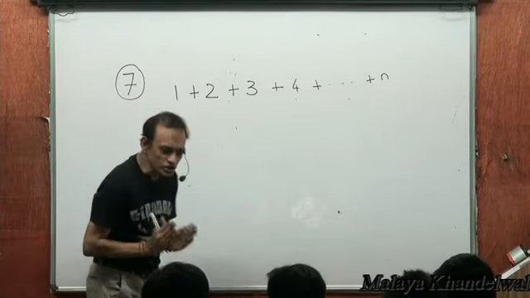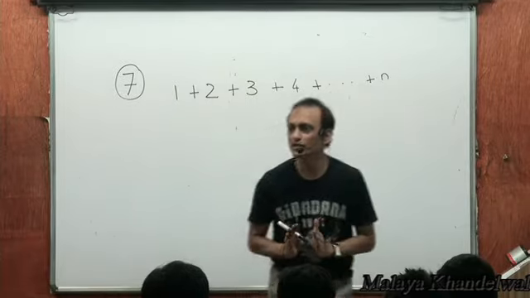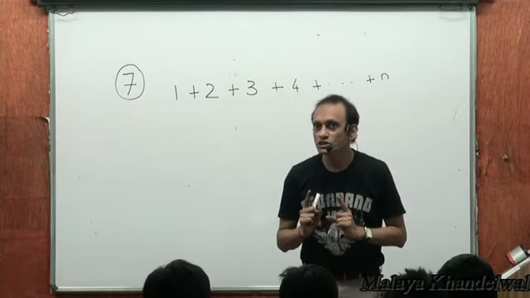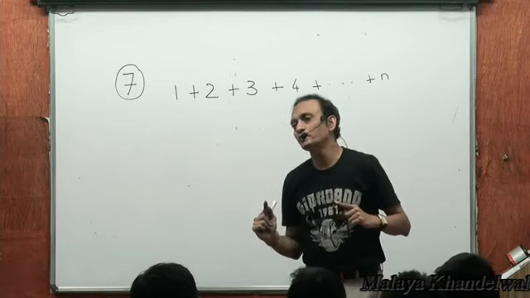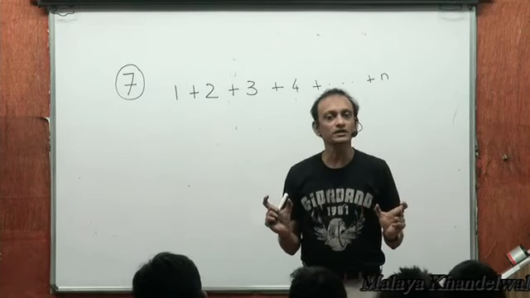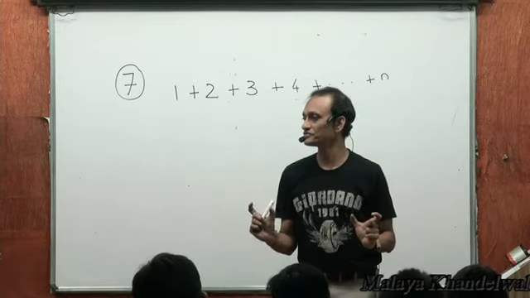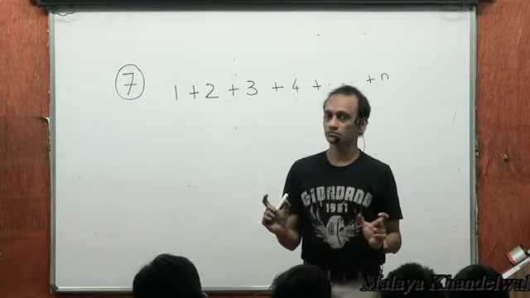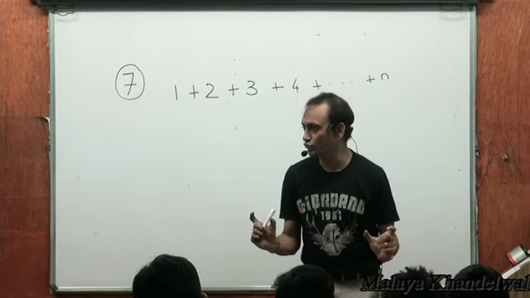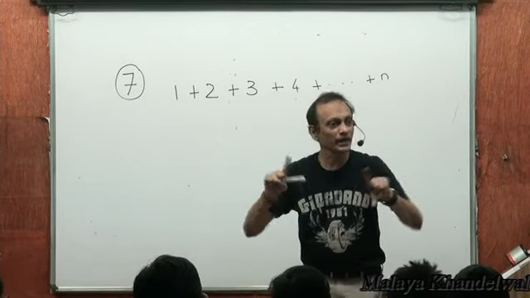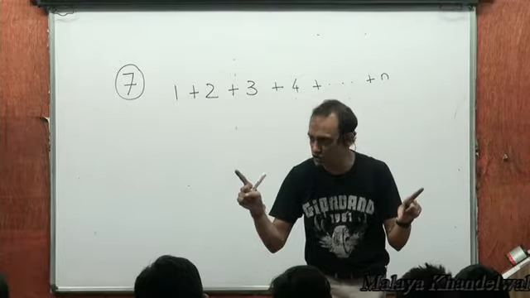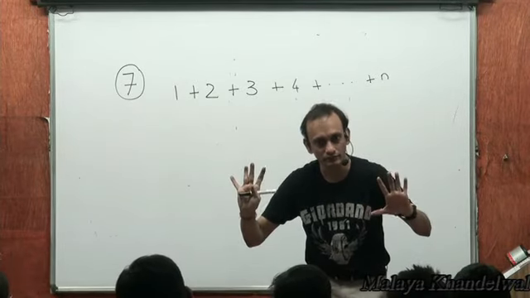Okay, we need to check if this can ever be a prime. A number would be composite if I can break it up into a product of two integers in which neither of them is 1.